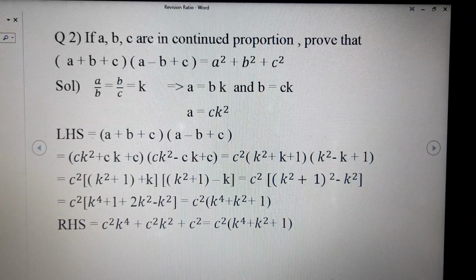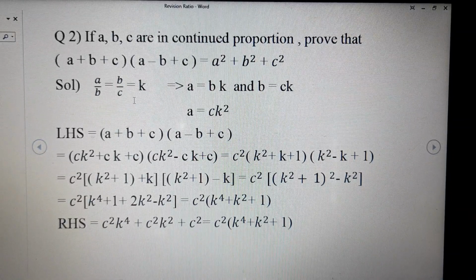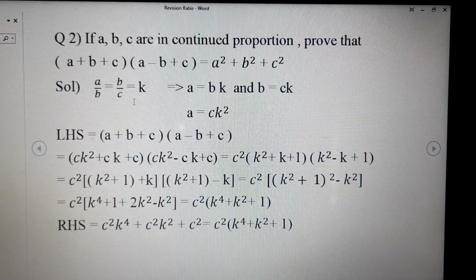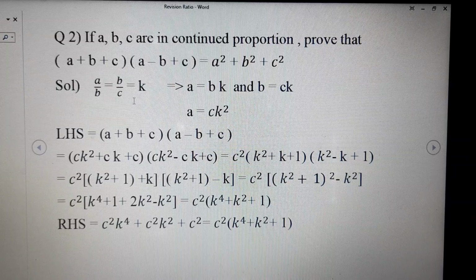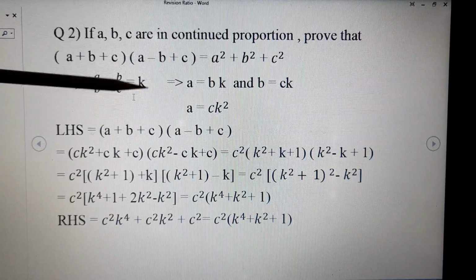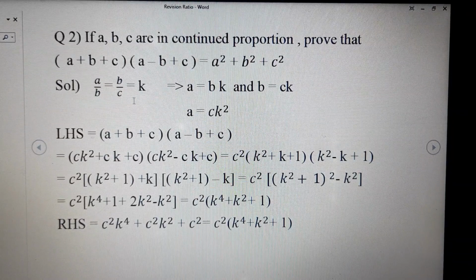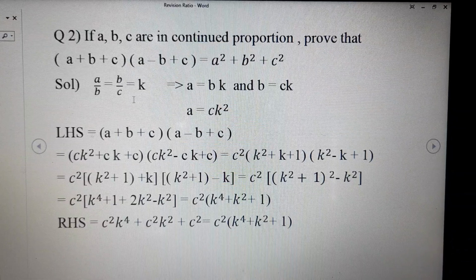For continued proportion, you remember it is a upon b is equal to b upon c. If a, b and c are in continued proportion, then we can write a upon b is equal to b upon c. Here we have assumed that a upon b is equal to b upon c is equal to k.